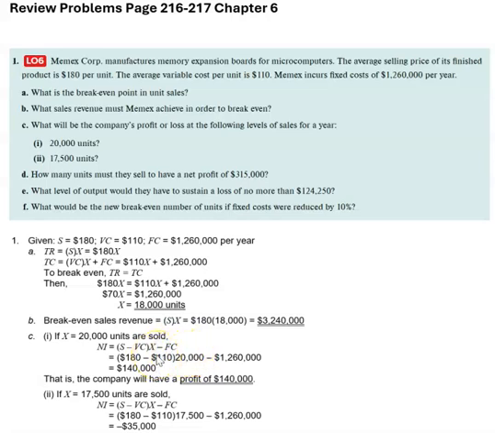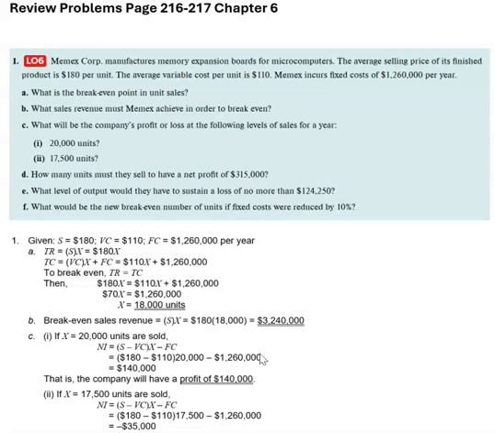So instead of writing it out as Sx minus VCx, we've taken the like factor of x out, so then it's S minus VC, times x, minus fixed costs. Okay, so it's just simplifying it a little bit. So then if we take S, which is the 180, minus the variable cost per unit of 110, that's going to leave us with 70.